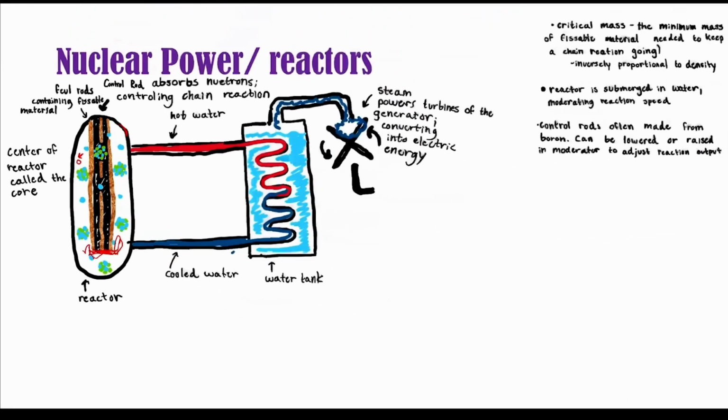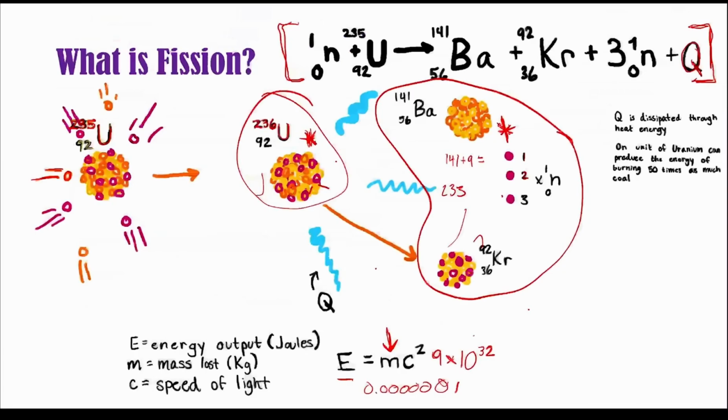So if we go back, it's not illustrated, but these 3 neutrons produced in this reaction are way, way, way higher energy than these neutrons that we use to bombard uranium. And it is 500 times less likely for these neutrons to produce a fission reaction than these neutrons because of their high energy.